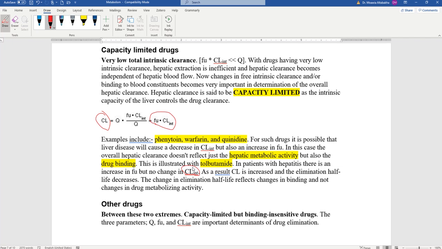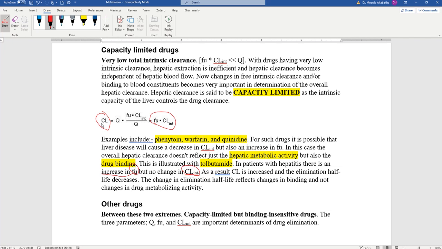The enzymes that are dealing with tolbutamide are okay. There is nothing wrong with them. But they found that the fraction unbound increased. If you increase the fraction unbound, it means the free drug has increased. There is more free drug.